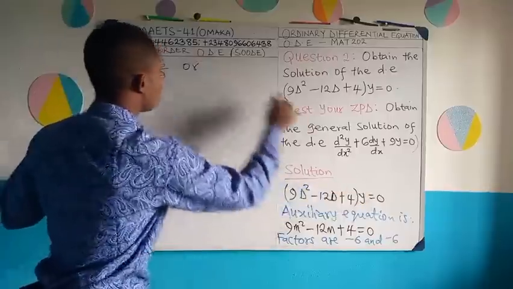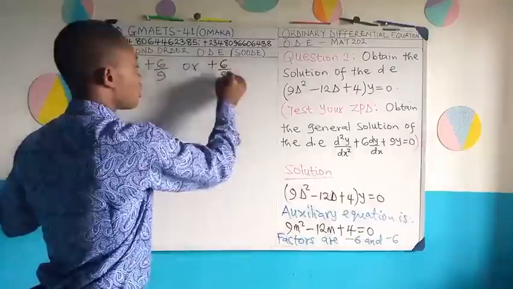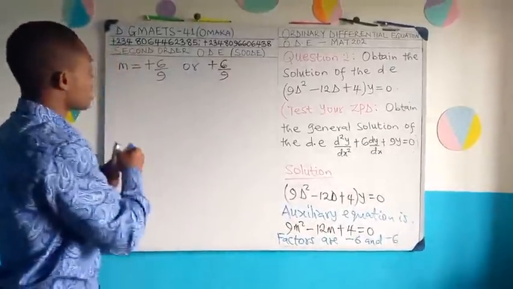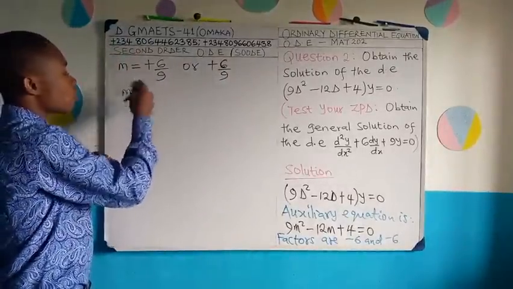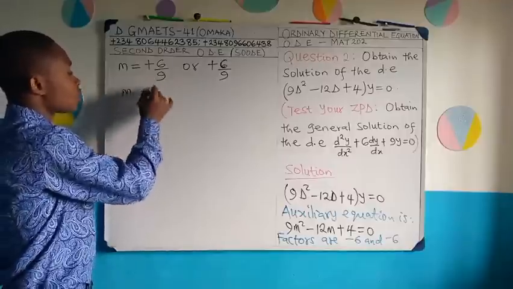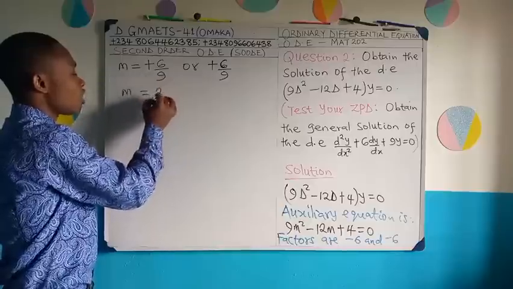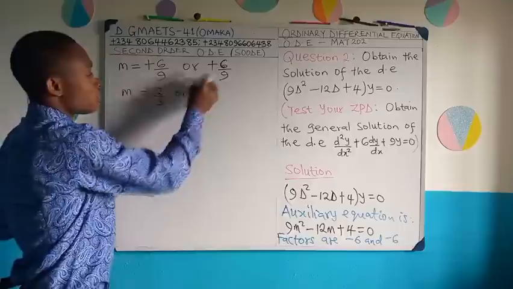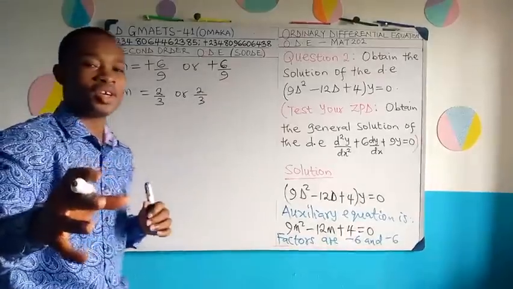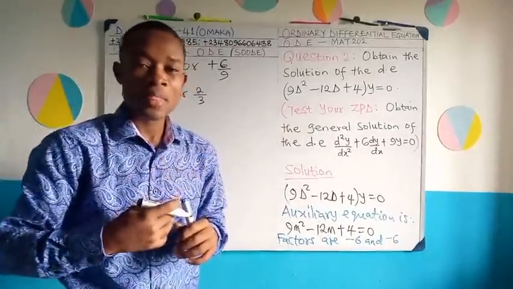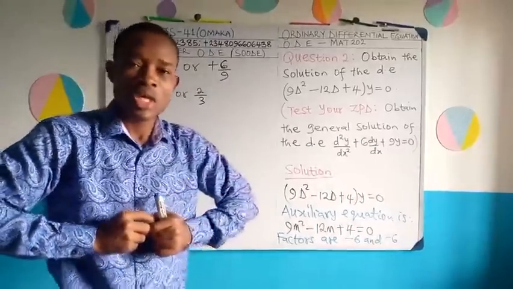Or the second factor, which is minus 6, it changes to plus 6 divided by what? 9. You see, at this point, you can actually reduce this. Let's simply say that m is equal to, 3 divides 6 will give us 2, and 3 divides 9 will give us 3. You still have the same here, which is 2 over 3. Did you notice something here, that the roots of the equations are the same? That is 2 over 3, 2 over 3.